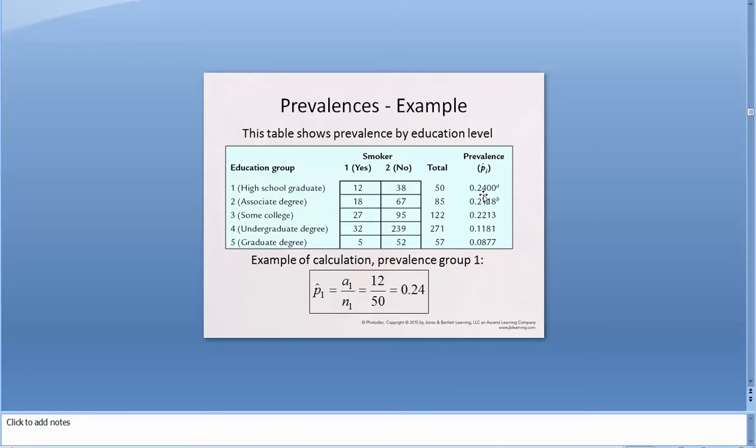So it looks as if high school graduates are opting to smoke much more than those who have a graduate level degree. You always start with the high school, so when you're in high school, you tend to smoke more. But then maybe you give up that habit as you grow older.